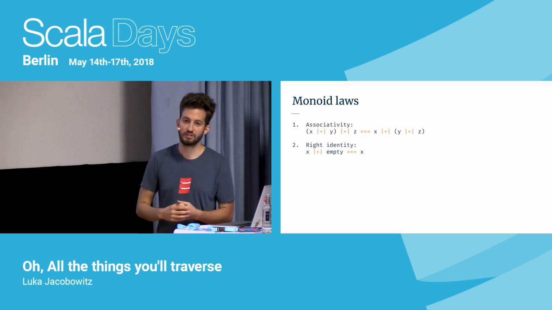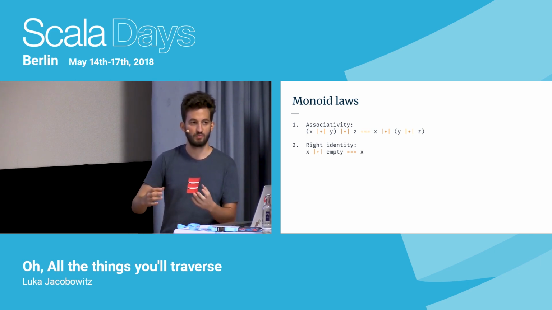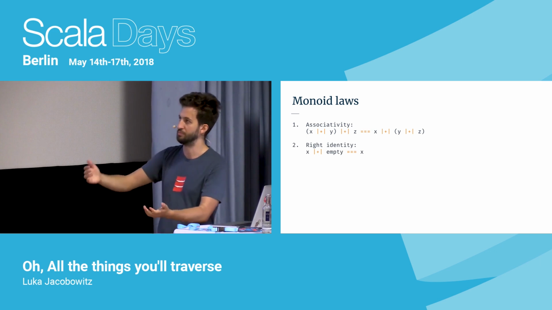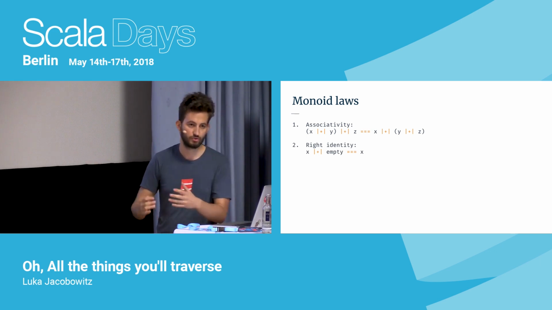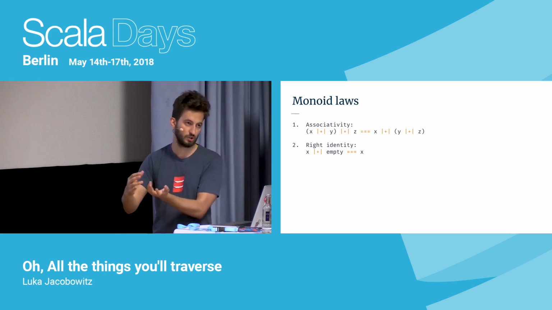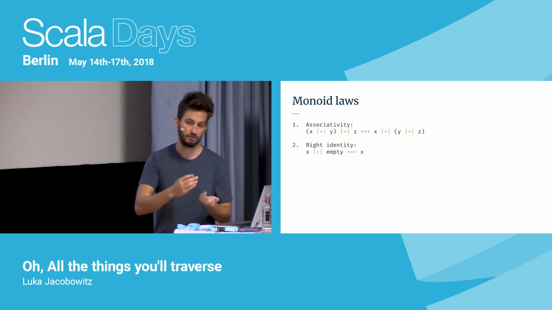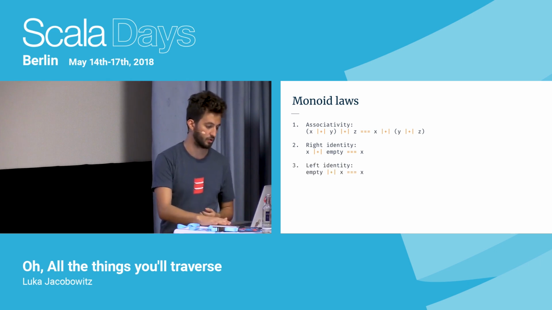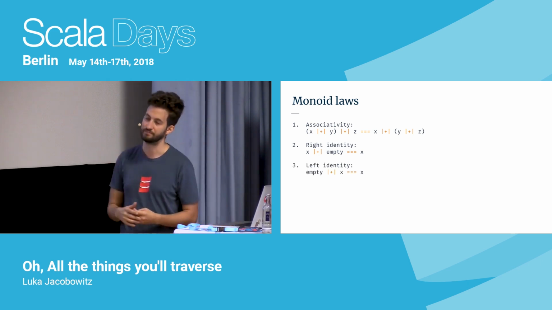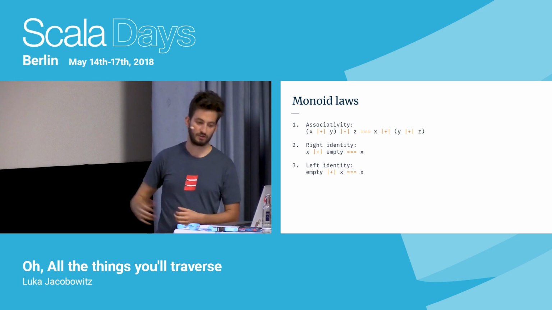And this just means combining something with its empty value will still be the same. So combining a string with the empty string is still going to be that string. Or combining a number with 0 is still going to be that number, right? And the same goes for left identity, so it doesn't matter. The identity has to commute there.